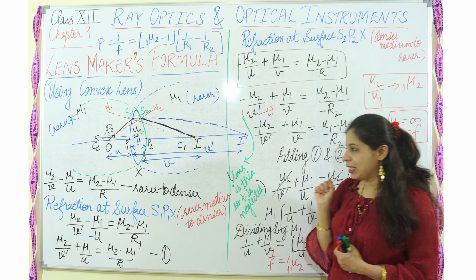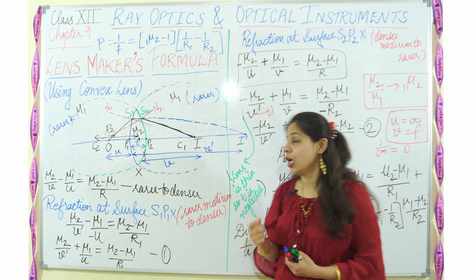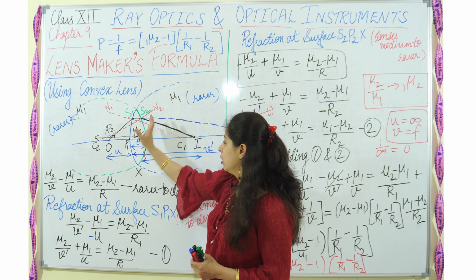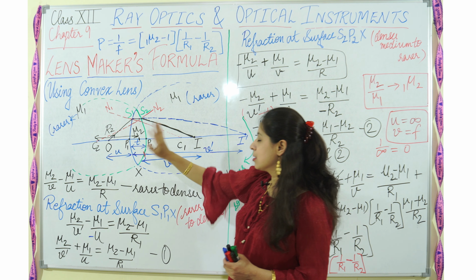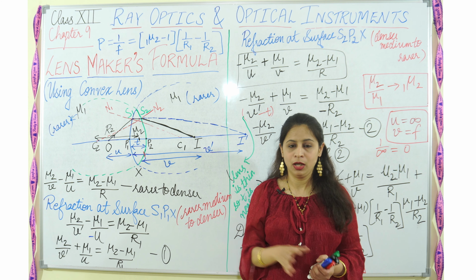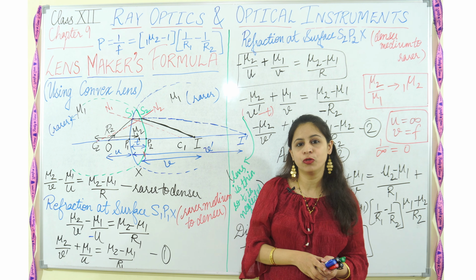So the first limitation is that the lens should be very thin. And the second limitation is that the lens should have the same medium on both sides. If it does not have the same medium on both sides, the calculation would be different.